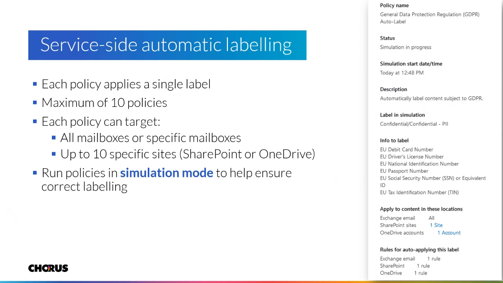It's a bit more targeted than that. You've got the ability to run these policies in simulation mode first to help ensure that you're labeling things correctly. And obviously, if you're encrypting files, that's quite important. You don't want to be doing that unless you're pretty certain that it does need to be protected in that way.